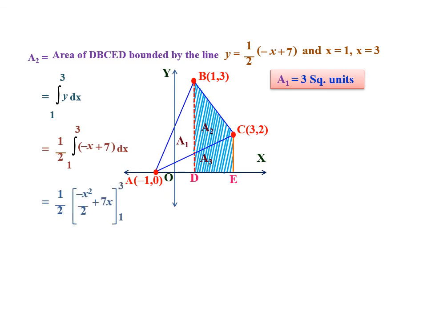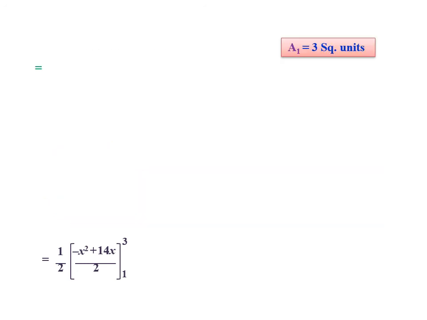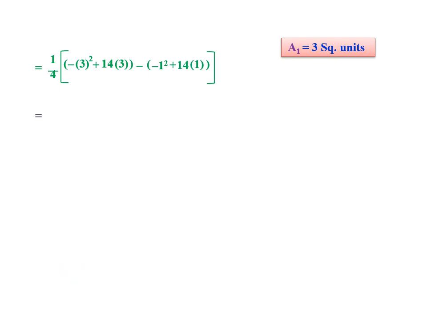On simplifying we get 1 by 2 into minus x square by 2 plus 7x, evaluated from 1 to 3, or 1 by 4 into minus 3 square plus 14 into 3 minus minus 1 square plus 14 into 1, which on simplifying we get minus 9 plus 42 minus minus 1 plus 14.